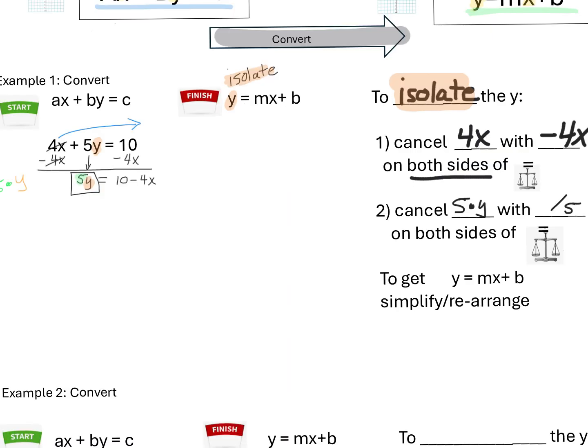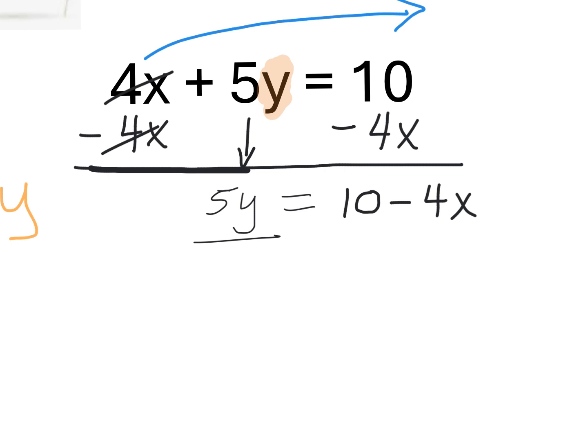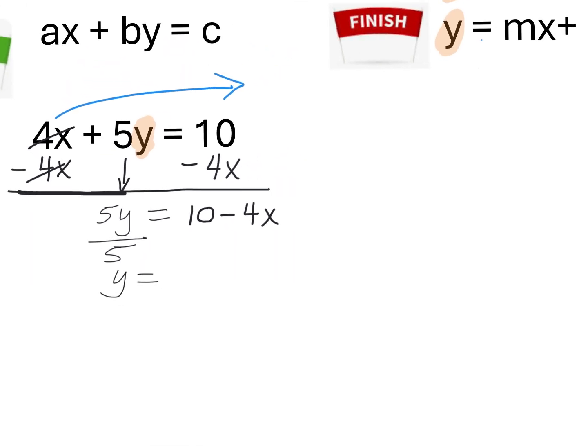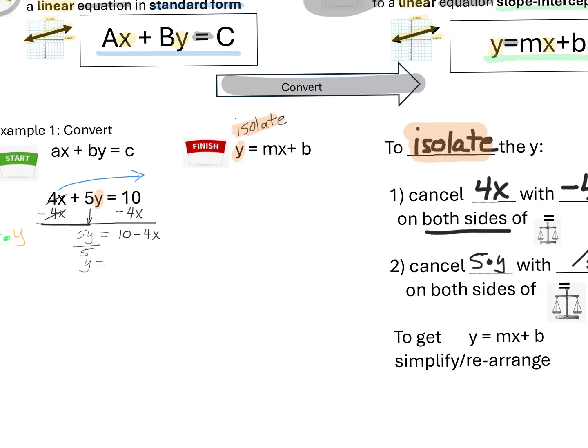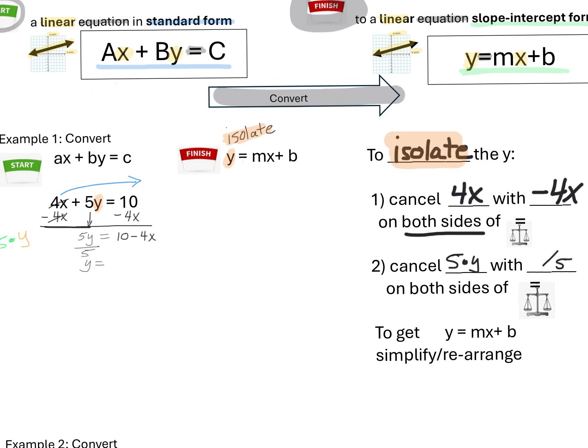And remember, in big kid math, we use a fraction bar to represent division. So to cancel out that multiplication, we're going to divide. So those 5s are going to cancel each other out so that now my y is isolated. But remember how equations work. If I do something on one side, it must be done to both sides of the equal sign.